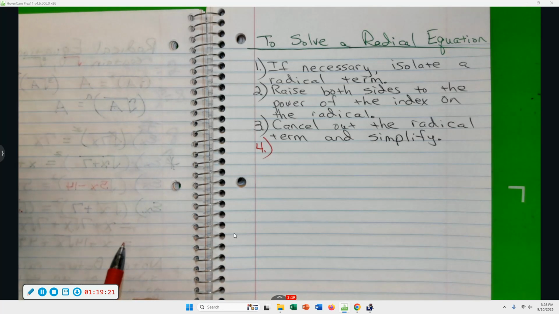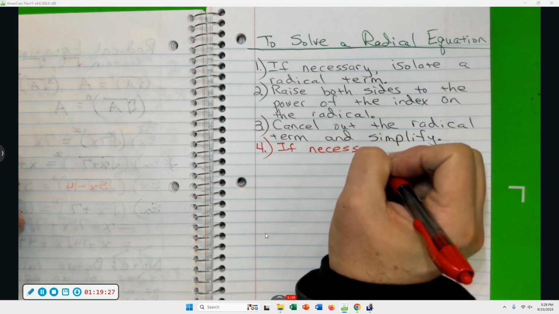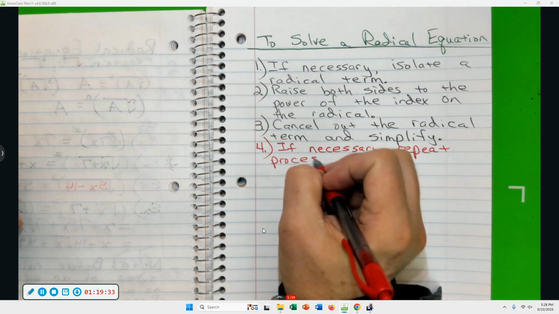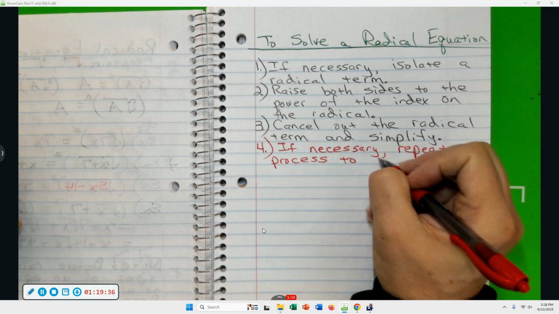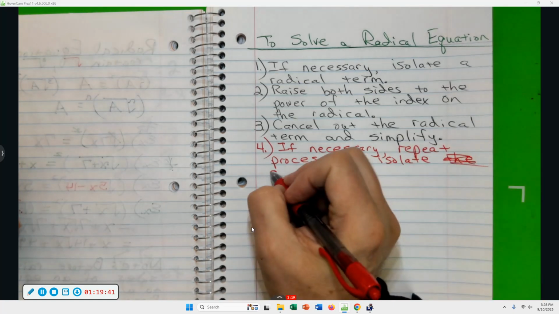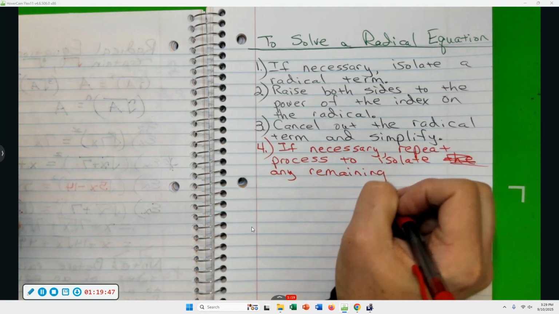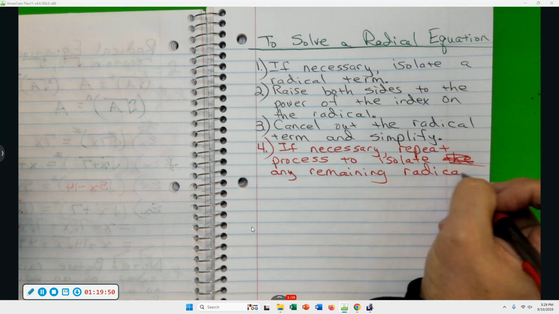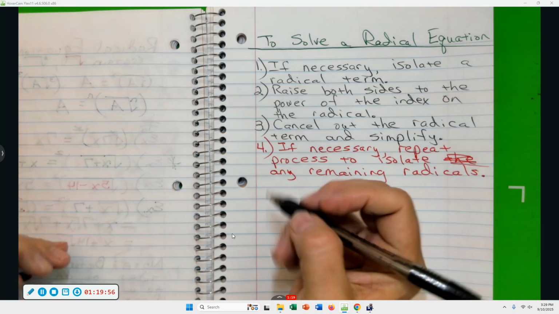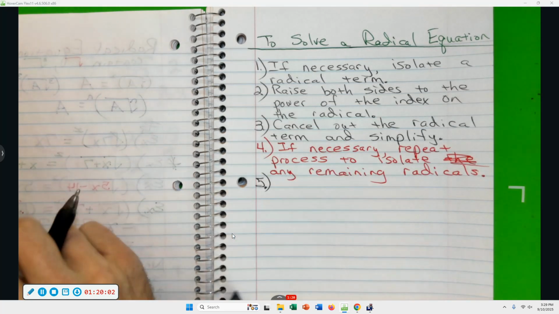If necessary, repeat process to isolate any remaining radicals. That's in red because we're hoping that once we go through one round of squaring, hopefully there won't be any radicals remaining.